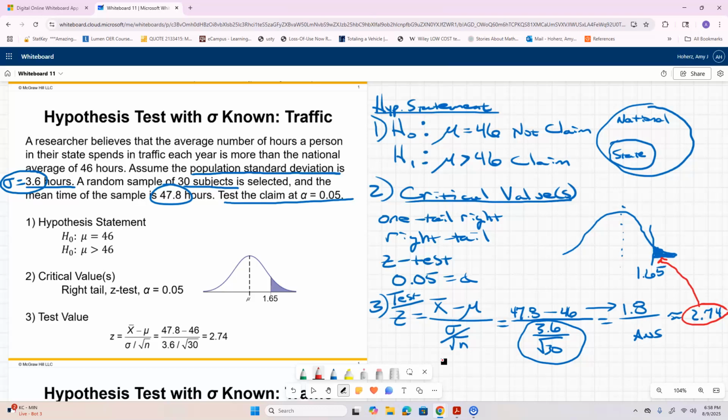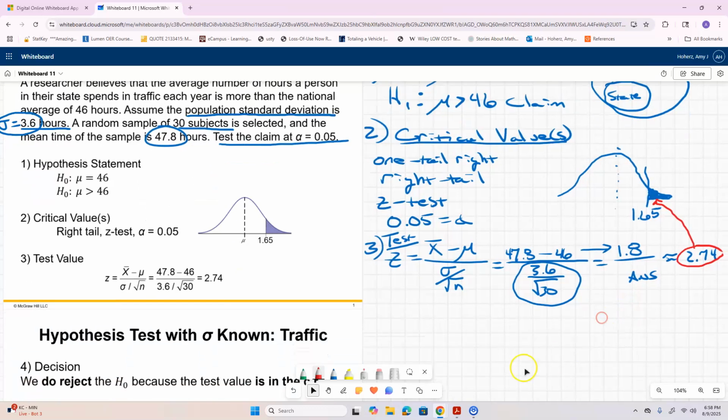So we're in this shaded area. I always joke with students, think of it as, if you're walking along in a dark cave and you end up walking into that dark area, then you're going to reject. We don't want to be in the dark area. Doesn't necessarily mean it's bad to reject, but to help you remember it, we reject being in the dark cave.